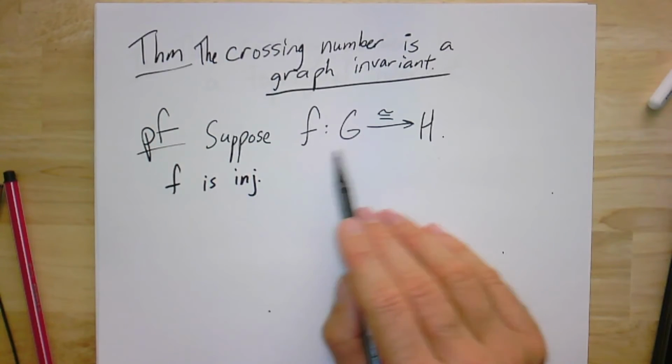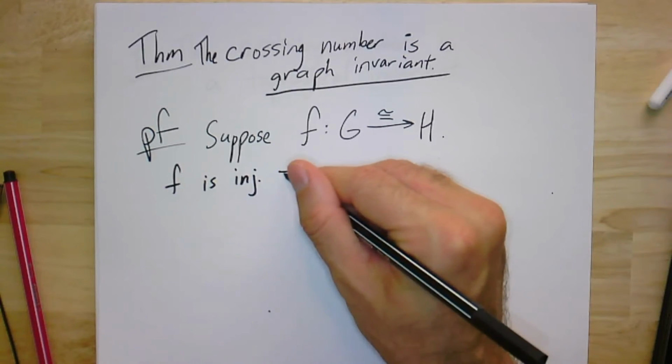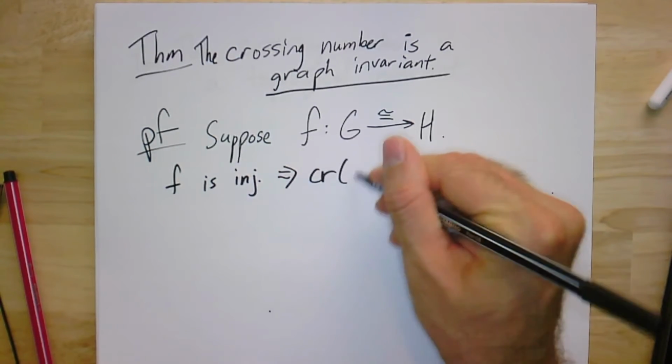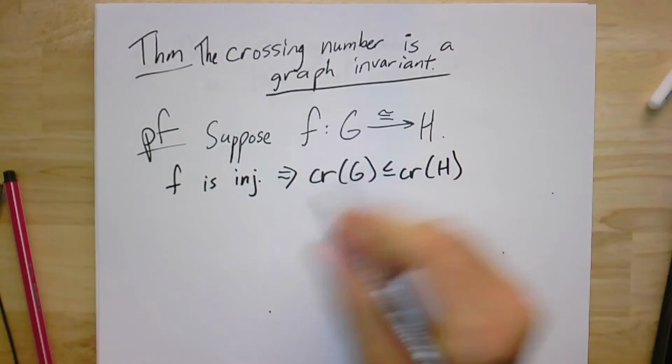So if you have an injective homomorphism from G to H, that implied that we had this inequality on the crossing numbers.